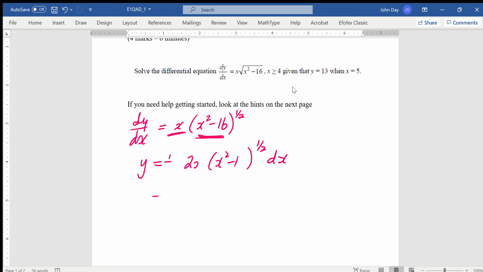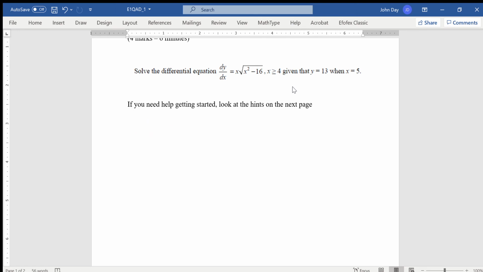Whenever we have something of this format, we're going to use u equal to whatever the internal function is in the brackets that's being raised to a power. So I'm going to let u equal x squared minus 16. Therefore, du/dx equals 2x, so du is 2x dx. So I'm ready to go now.